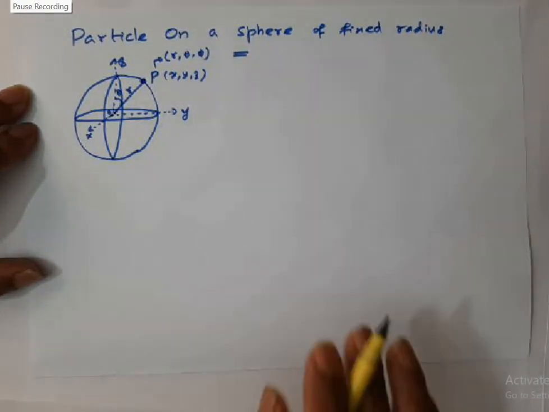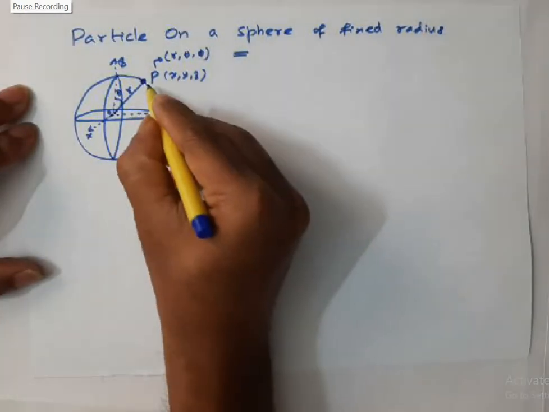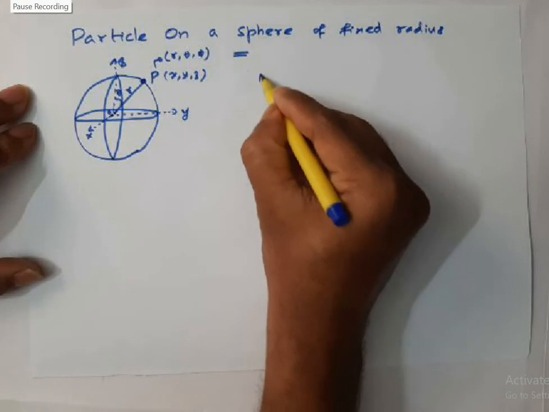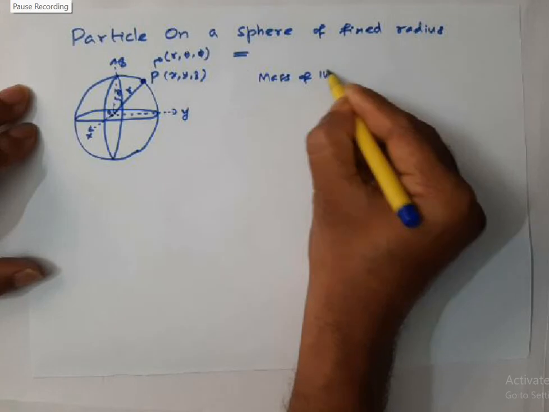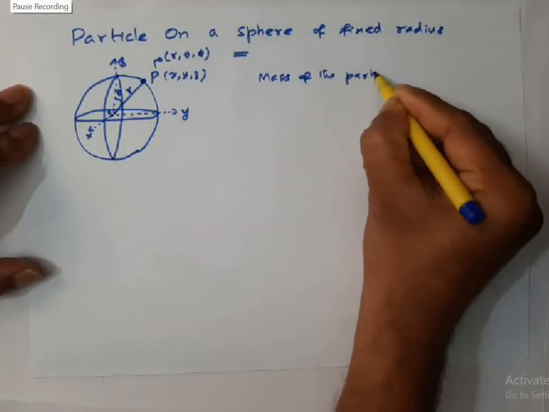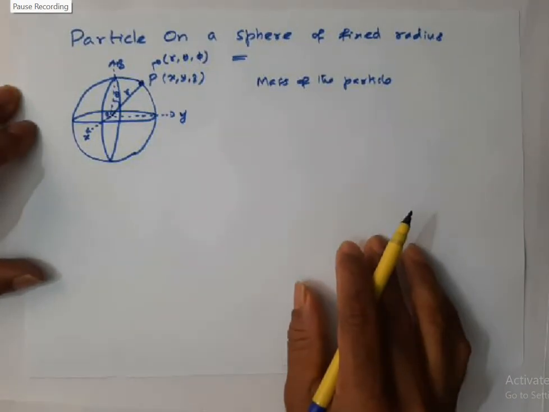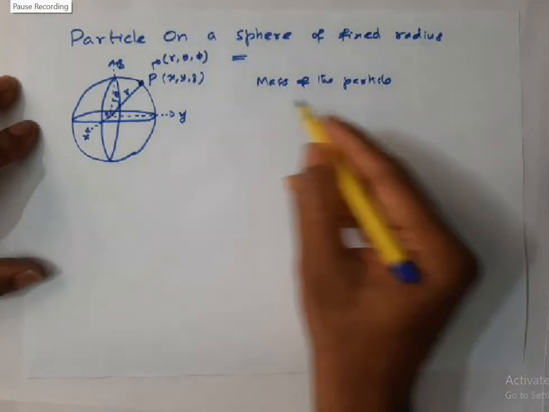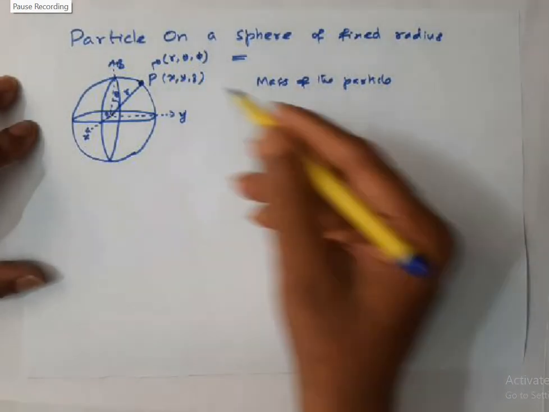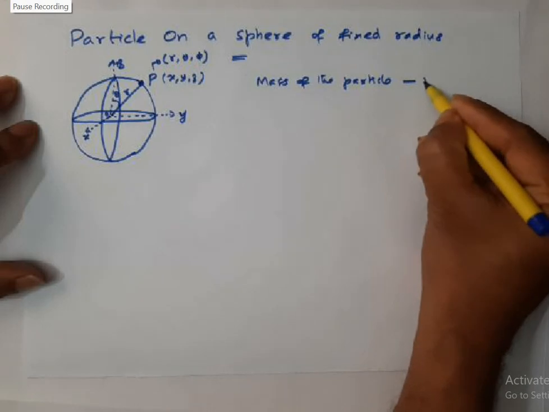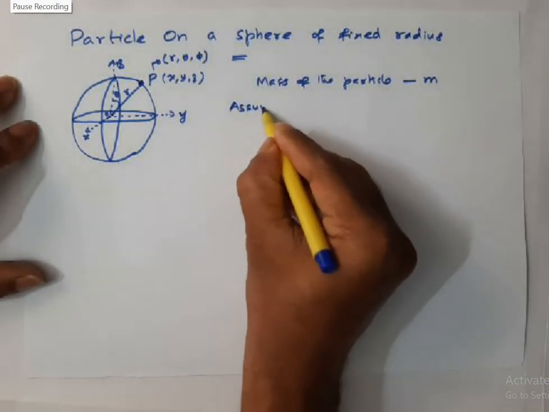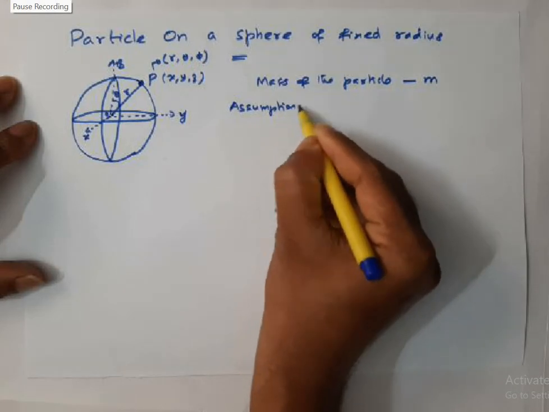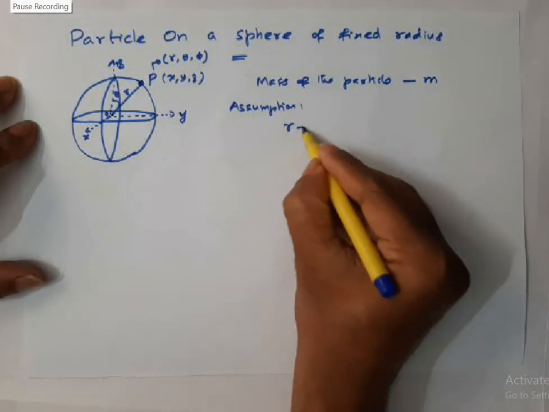Now let us consider the mass of the particle. It is a microscopic particle, so let the mass be m. I am going to make an assumption here: r is constant.